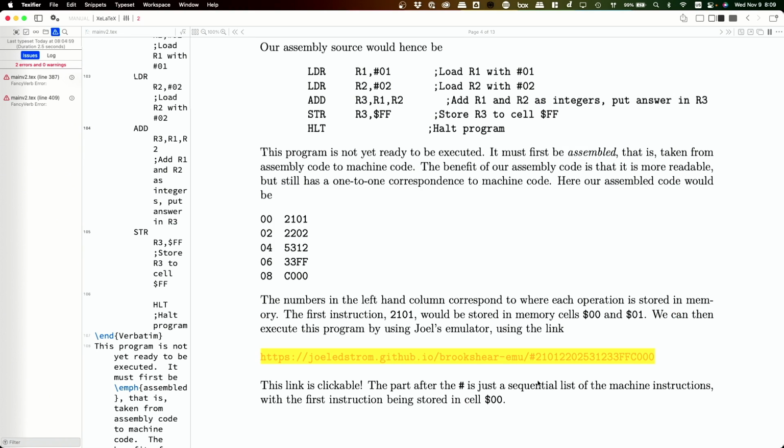On this machine, it always starts at 00. On real computers, it doesn't have to, but on this one, it does. So if I want to load in the first instruction, that takes 2 bytes worth of memory to encode. So 2101 is the first instruction. Do we remember what 2101 meant?